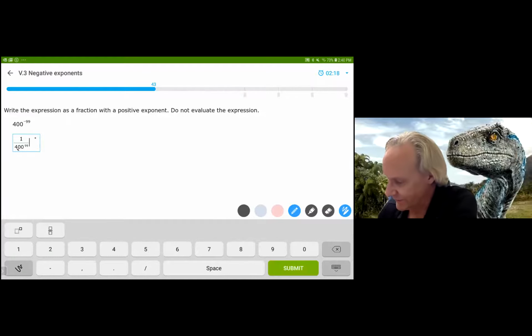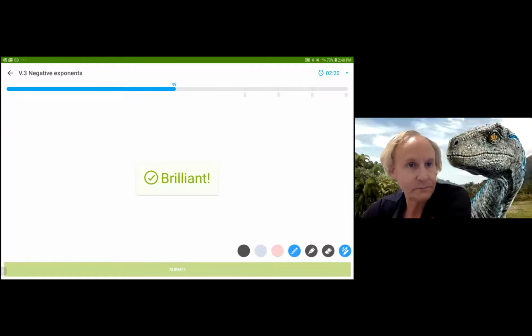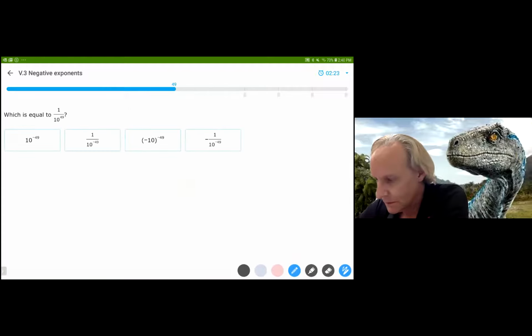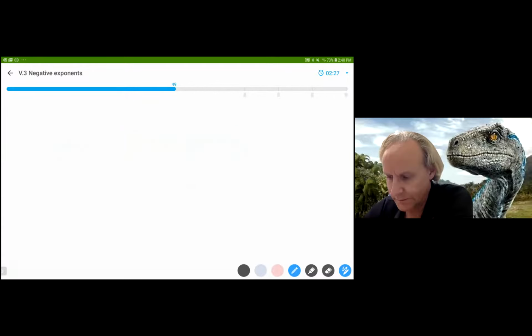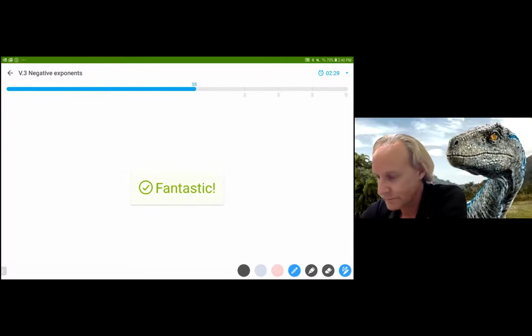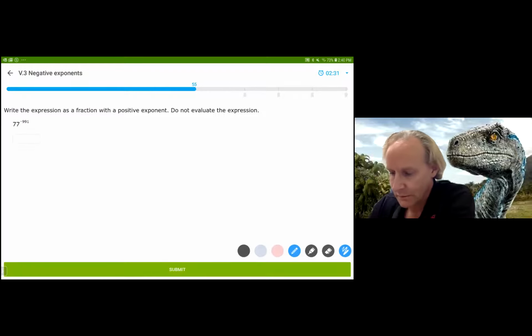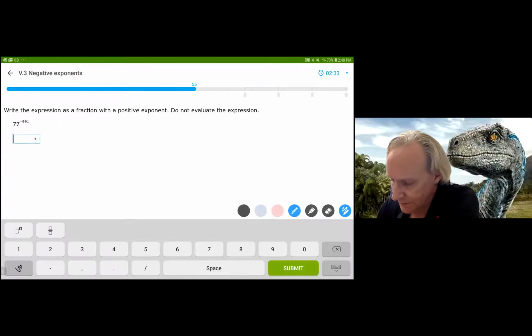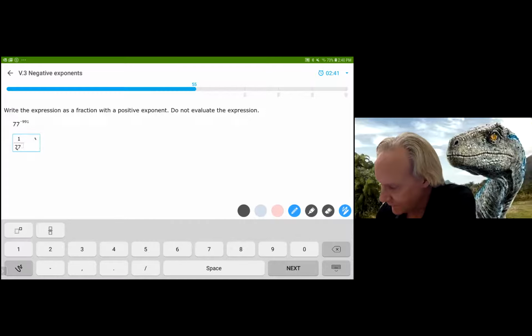Feeling like Dr. Seuss today. Okay, come on, let's go. Okay, move it across the division line and change the sign. There it is. Move it across the division line, and change the sign to 991.